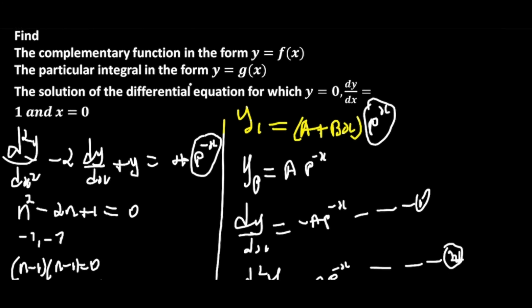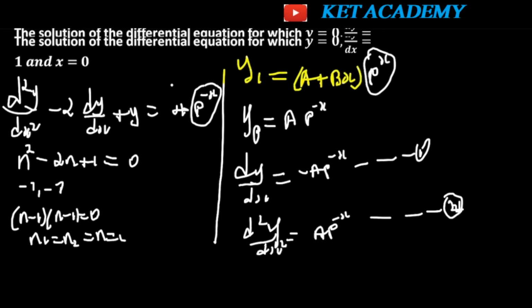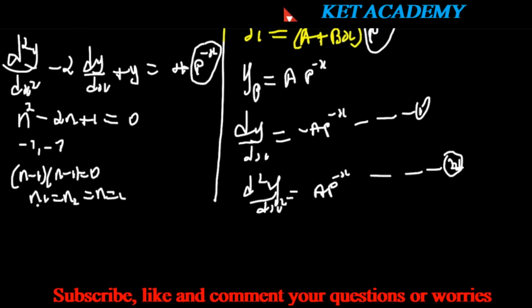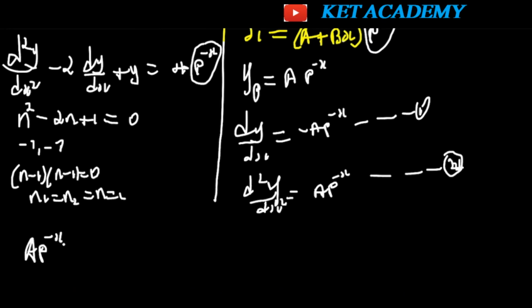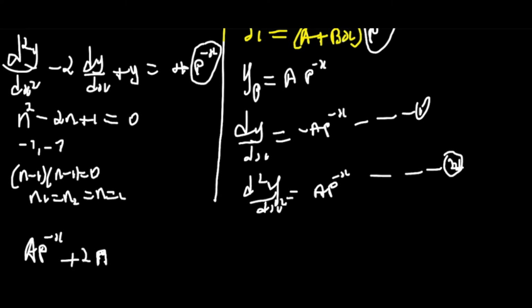equation star. So we have equation 1 and equation 2. In equation star, we're going to get a e to the minus x minus minus 2, so it's going to give us plus 2a e to the minus x.